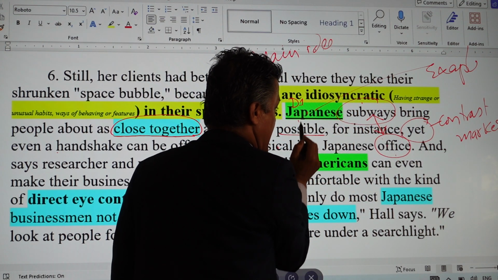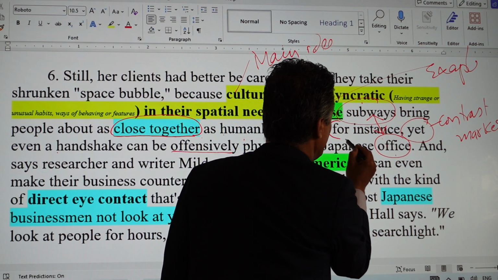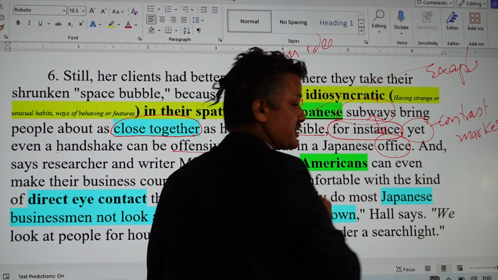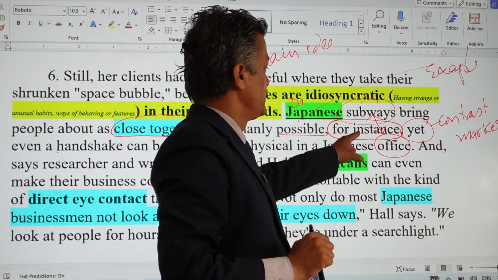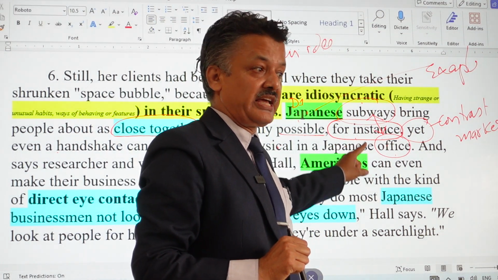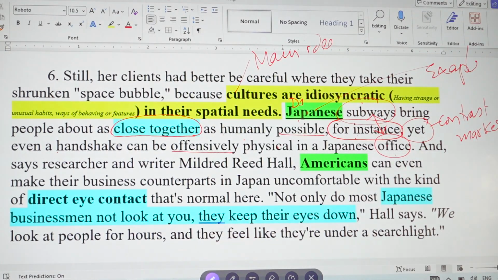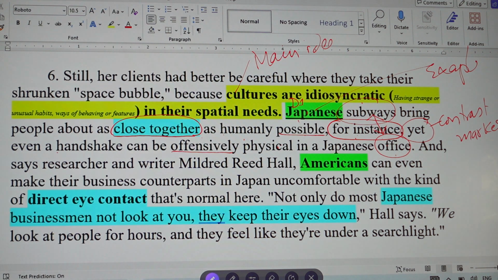To bring the example is the word for instance. If a sentence has a word like for instance, that sentence is a supporting detail. Move ahead.